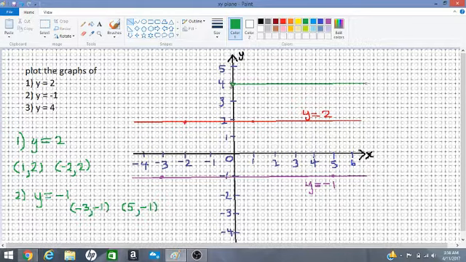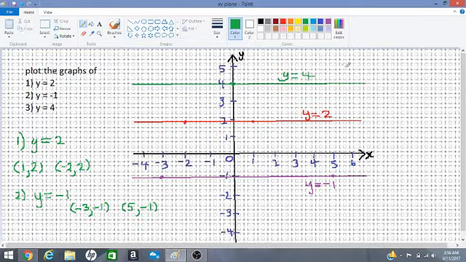So we know that the graph looks like this. It has to be horizontal. And the answer is shown here. The equation is y equals 4.